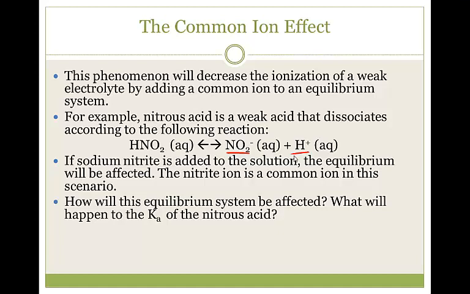What the common ion effect means is if we were to add an additional source of a common ion, meaning one of these two, and we will never add the hydrogen ion, so another acid, as a common ion. We're going to add this anion over here. In this bullet point, I talk about adding sodium nitrite, which will dissolve very readily because it is a soluble salt of a sodium cation.